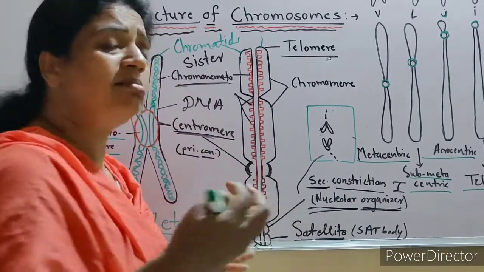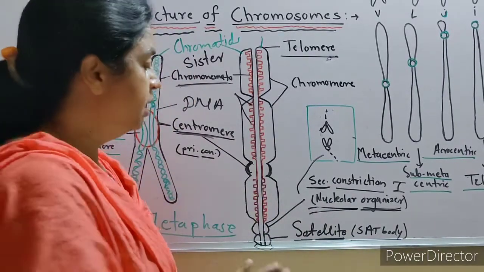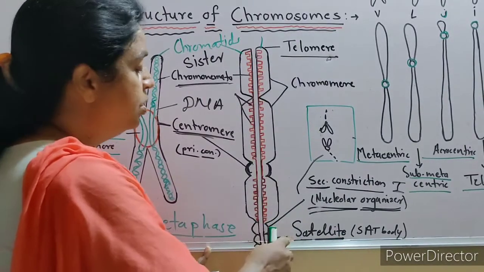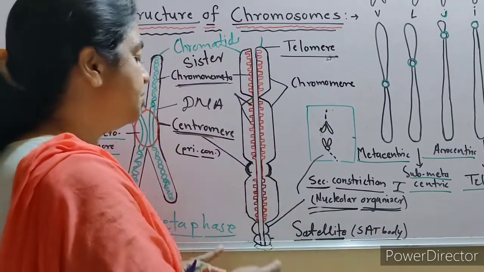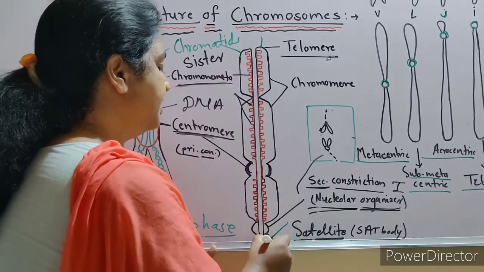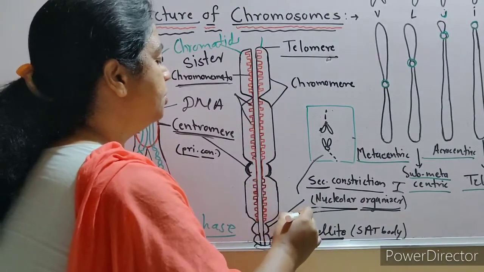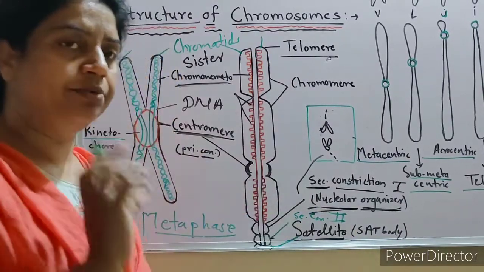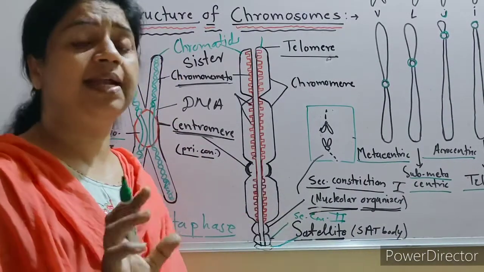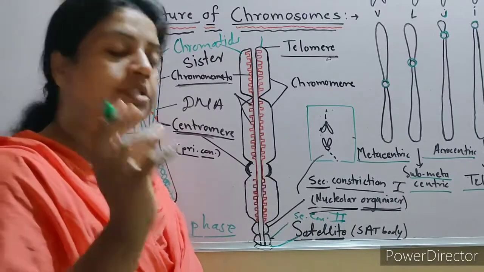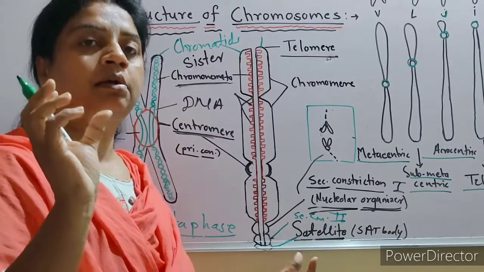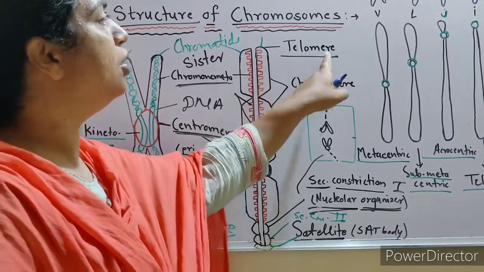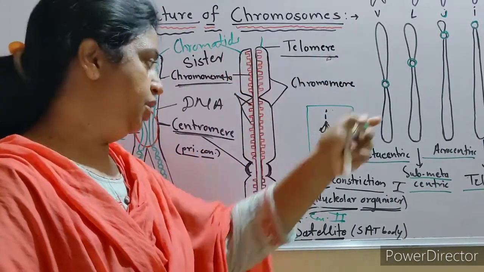In only a few chromosomes, a satellite or SAT body is attached to the secondary constriction. The satellite is a small, spherical, rounded structure called the SAT body, and the end of the chromosome is called the telomere.